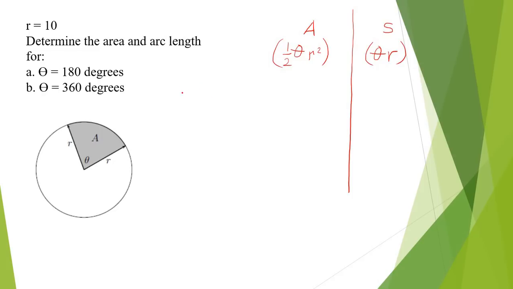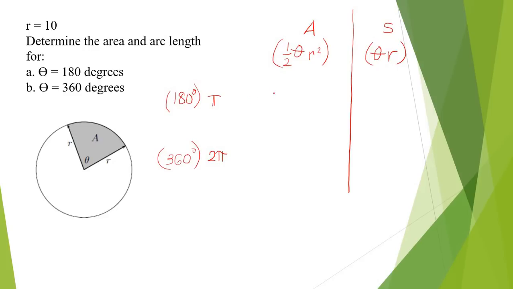When theta equals 180 degrees, and by the way, if we convert it into radians, this is simply equal to pi. And when we have theta equals 360 degrees, theta is equal to 2 pi.